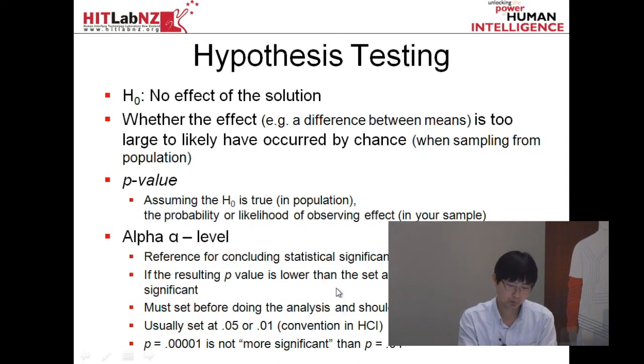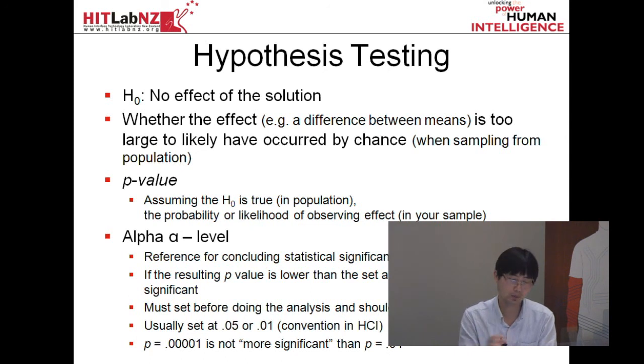And the point is your printed out p-value based on your measurements. The point is to check whether it's less than this or not. So having a p-value of 0.0001 and having a p-value of 0.04, both are significant differences.